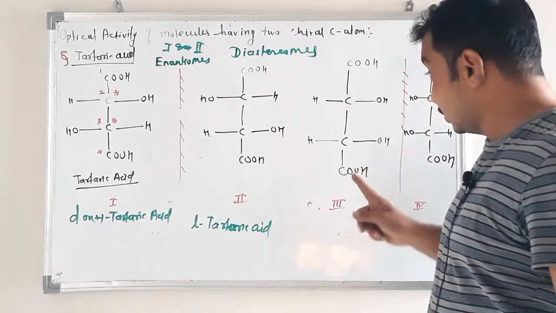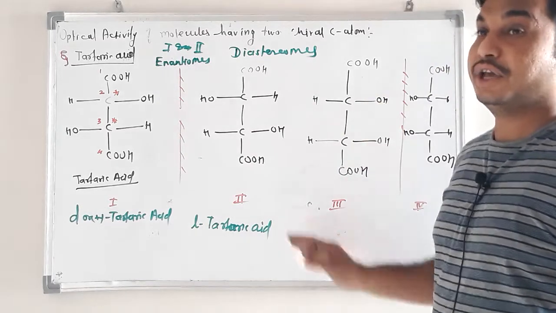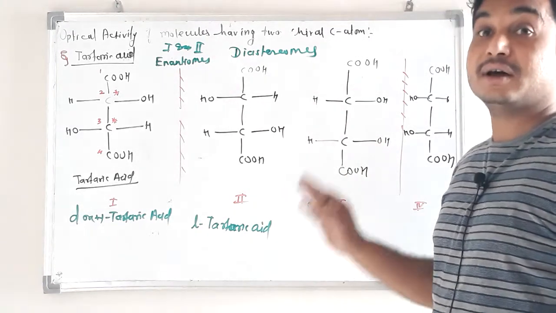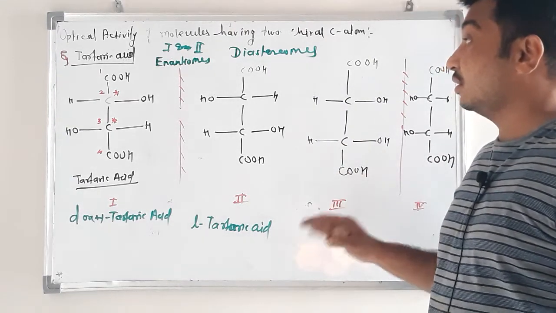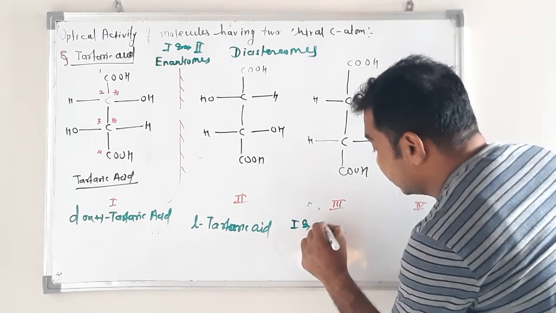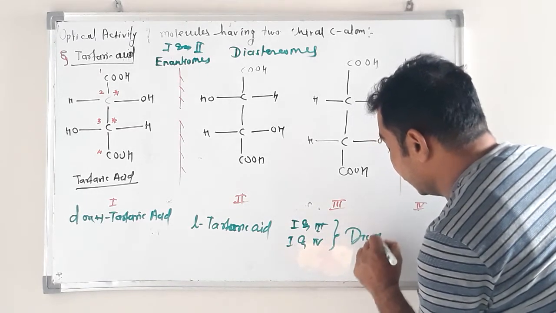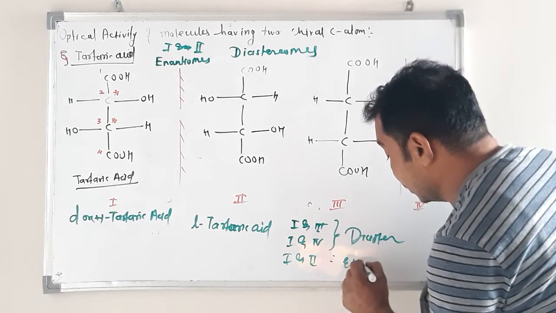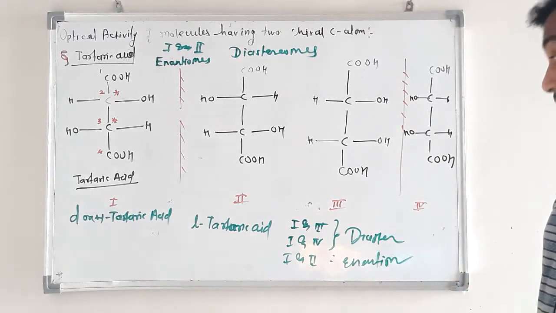Structure 1 and structure 3 are not mirror images of each other, they are simply stereoisomers. Such stereoisomers which are not mirror images, be careful, are called diastereomers. So 1 and 3, 1 and 4 are diastereomers, and 1 and 2 are enantiomers. So this is the relation between them.